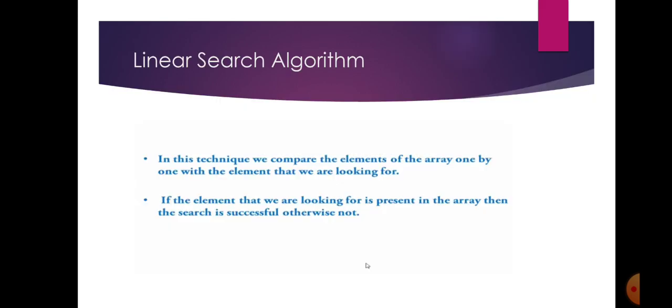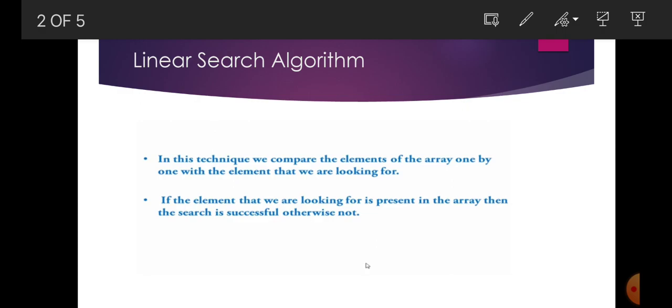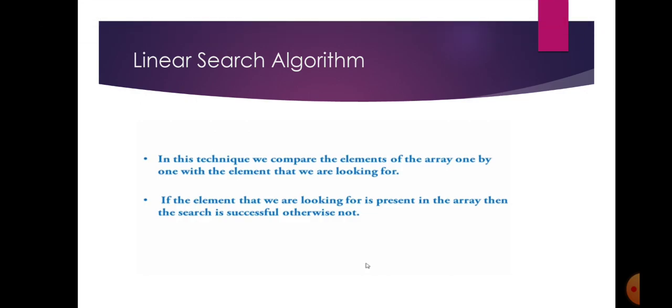The technique we use here is to compare the elements of the array one by one with the element we are looking for, by the index of the array. If the element we are looking for is present in the array, the search is successful, otherwise it is not.